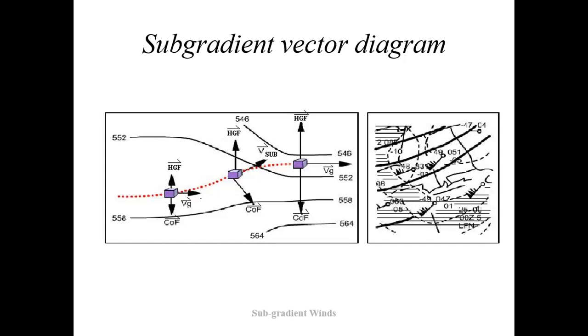The COF stands for Coriolis force. And the VG represents your geostrophic wind. Geostrophic simply means the wind is blowing perfectly parallel to the height contours. But the height gradient force is directed from higher toward lower heights. So I have 558 decameters at the bottom, I have 552 decameters at the top. Height gradient force is directed from higher toward lower heights. That's why it's pointing up in this particular case on the far left. The air parcel is represented by that purple cube.